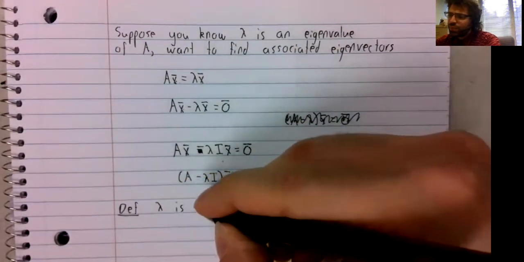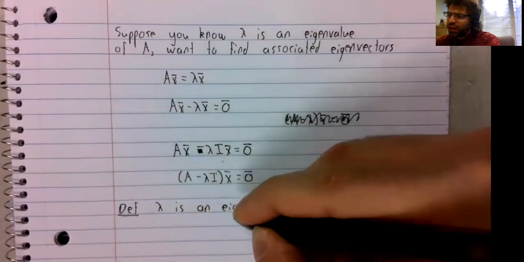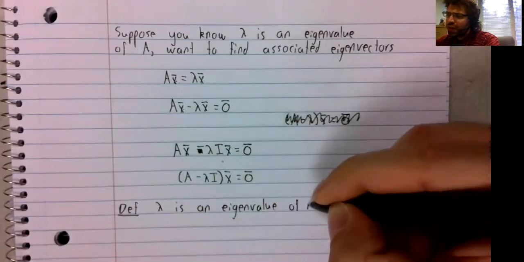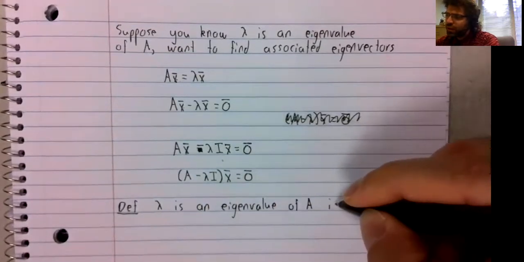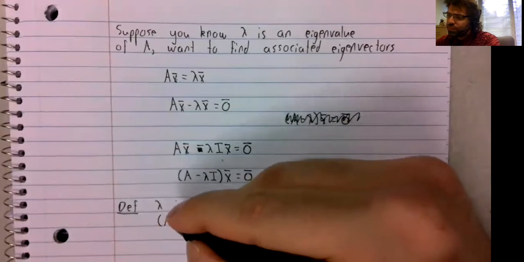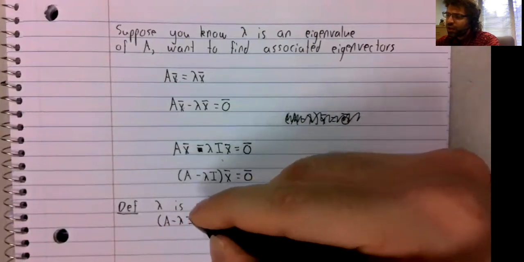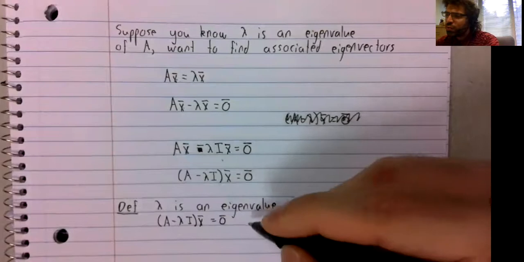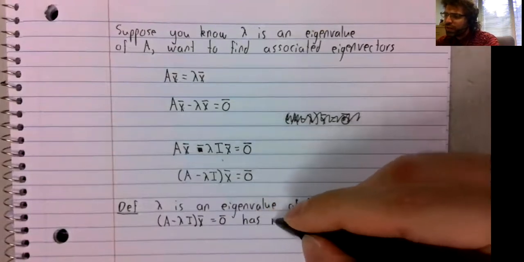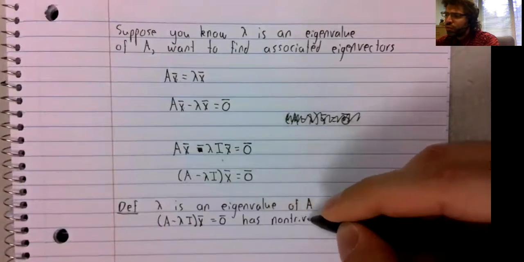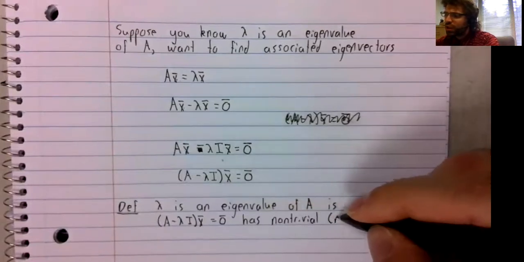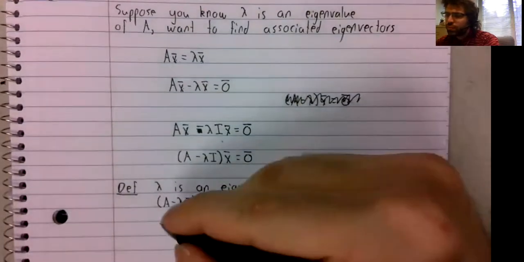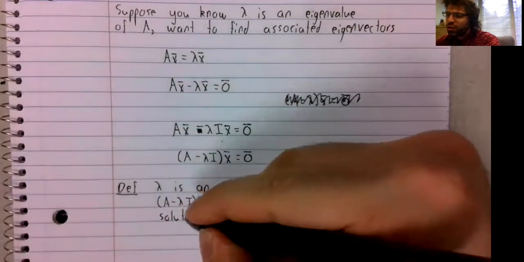Lambda is an eigenvalue of A if (A minus lambda I) times x equals 0 has non-trivial, that is to say, non-zero solutions.